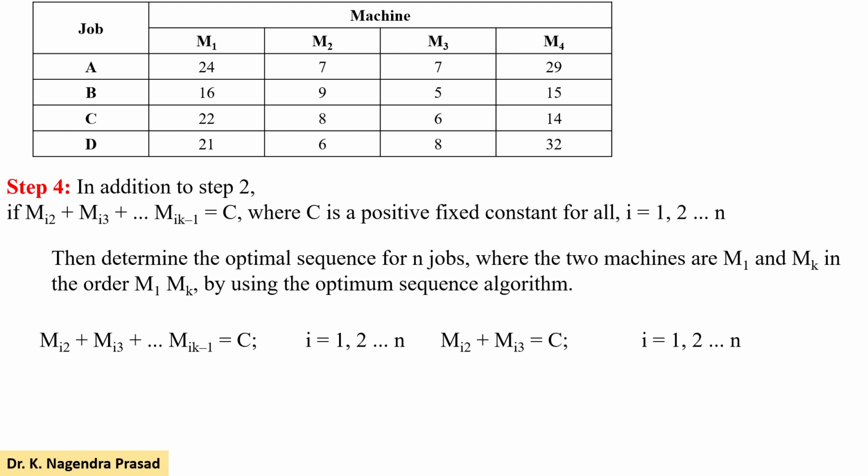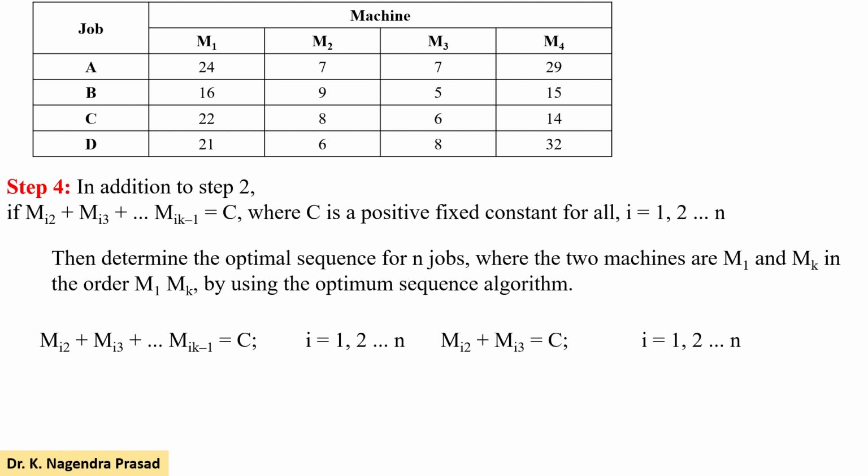Step 4 is, in addition to step 2, if the processing time for the second mission to the second last mission is fixed constant for all the jobs, then we have to consider two missions, M1 and MK. So first mission and last mission, we consider as two missions. First we have to check the processing times for the second mission and the third mission for all the jobs.